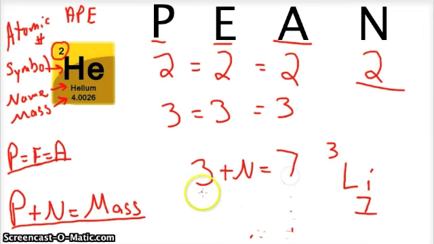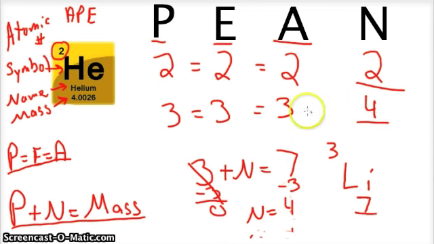Excellent. So what do I have to do to solve this? Well, I have to subtract because I want to isolate the n, so that cancels out. And minus 3, and what's 7 minus 3? 4. If you said 4, you are absolutely correct. So we can see now that they're not always going to be equal. There are a few where all these are going to be equal, but for the vast majority of the elements, they're going to be different.